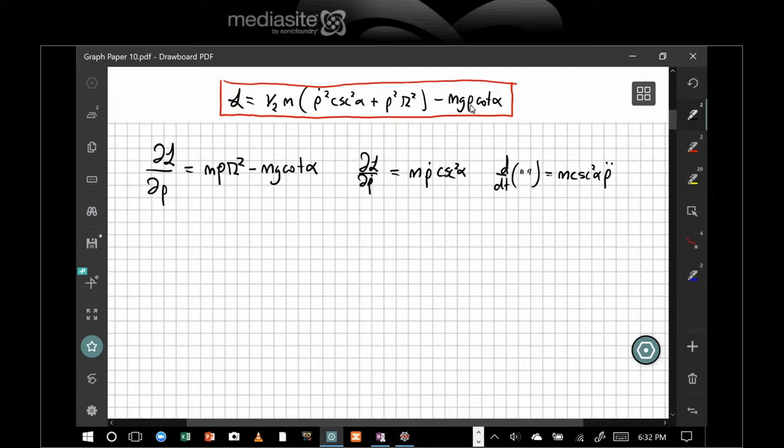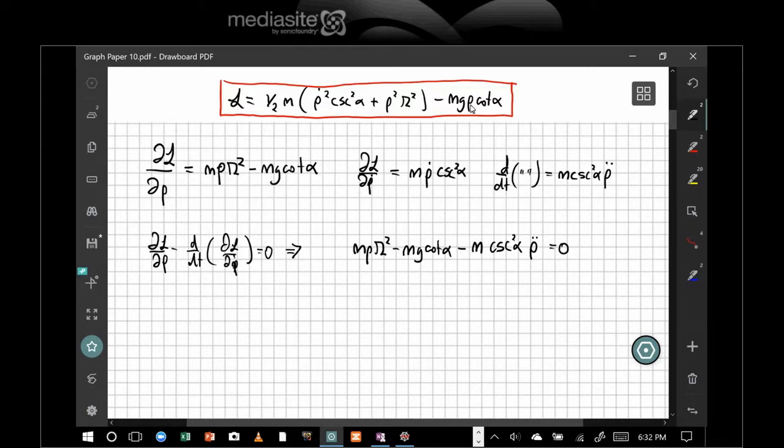So I'll stick that into the Euler-Lagrange equation. Then I'm going to get m rho omega squared minus mg cotangent alpha minus m cosecant squared alpha rho double dot equals 0.